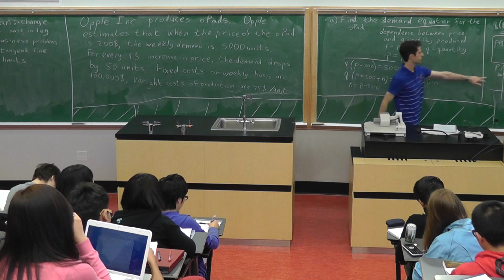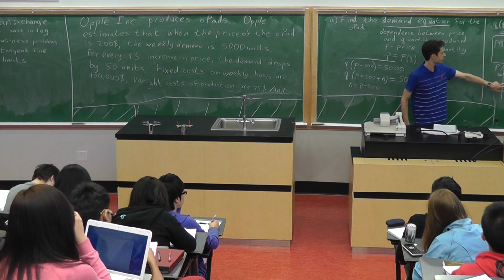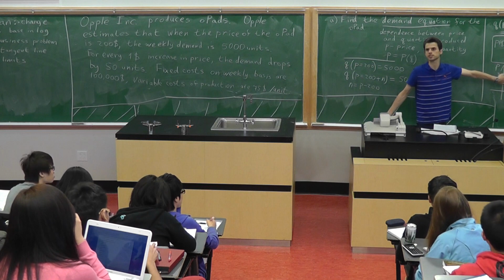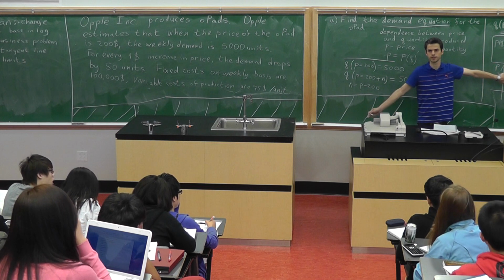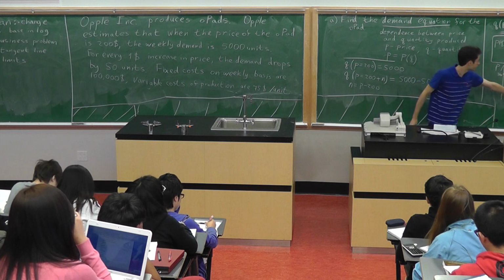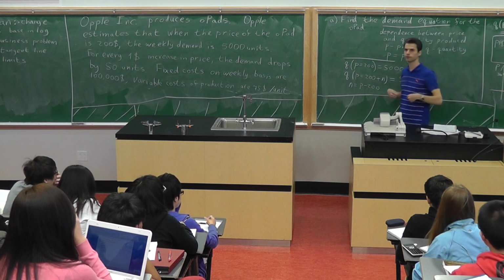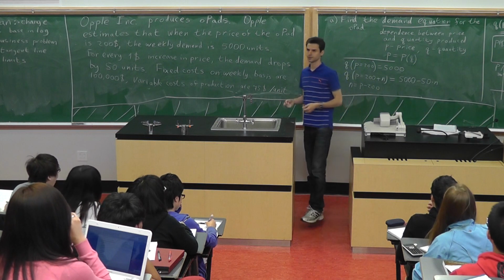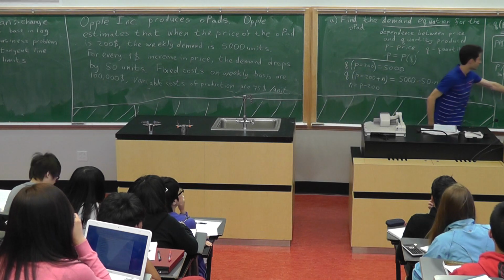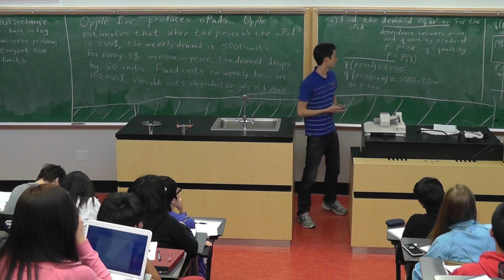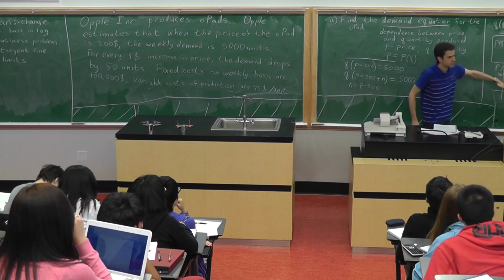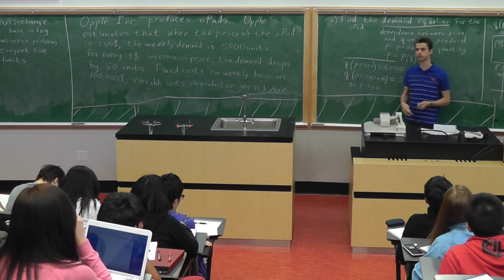So what do we see from this graph? Well, if we try to sell the OPEDs at $300 each, we'll sell nothing. The market won't accept it. If we try to give them away for free, 15,000 people will have new OPEDs. And in between, as the price decreases, the demand increases.